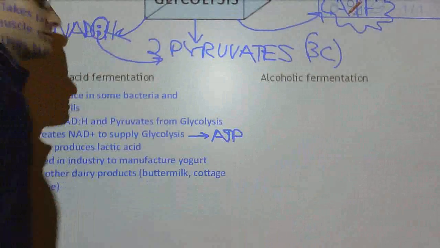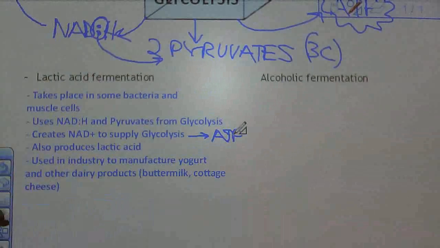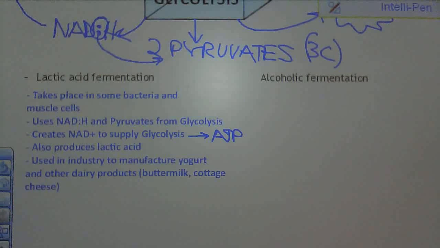That's the goal here, to produce more ATP. It also produces, hopefully obviously, lactic acid, and is used in industry to create things like yogurt and other dairy products. So pause the video if you can't keep up with that, and we're moving on to alcoholic fermentation next.